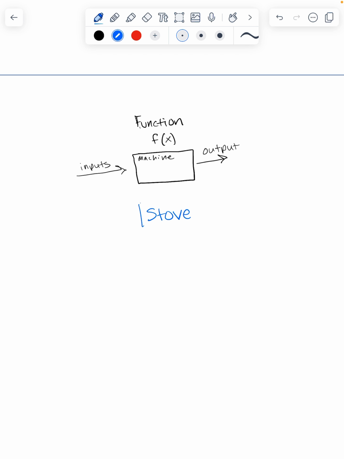So my stove is like my function or my machine. And I am going to put into my stove sand and coal. And what is going to happen when I put sand and coal into my stove? And a couple of them knew that is going to create glass. Okay, I said, see, there's an example of a function.